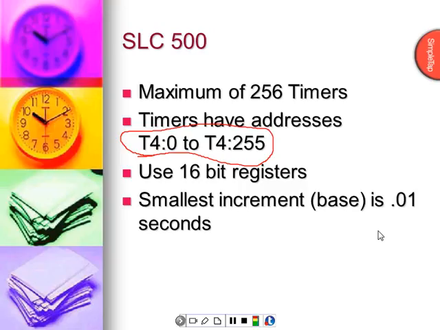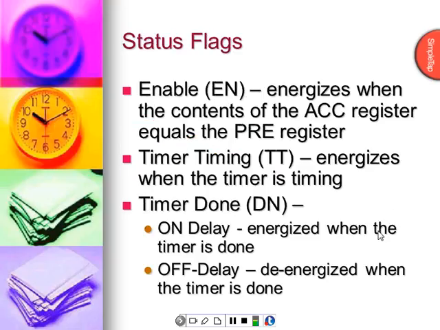You good? All right. We kind of talked about this. The status flags include enable, which is EN. You will have TT, which is timer timing. That flag is active as long as the timer is actually timing.